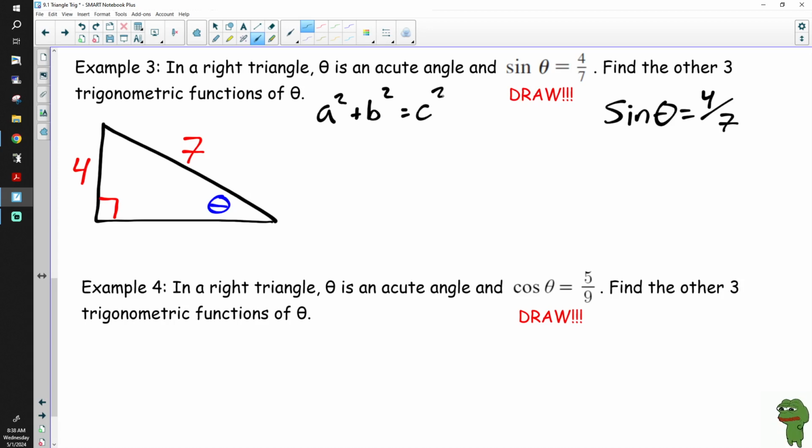But it does matter that I put 7 in for C, because 7 is the hypotenuse. Okay, so I'm going to just leave my A squared. A squared plus 4 squared equals 7 squared.